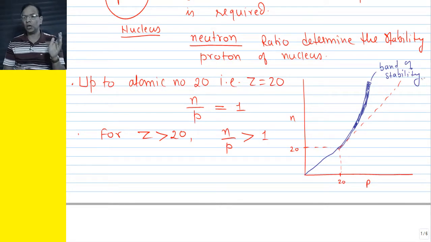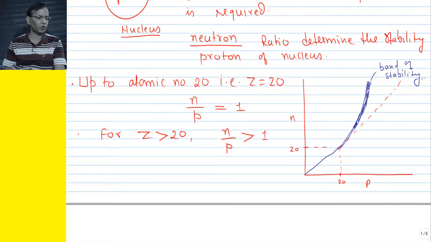So for stable nuclei, their N by P ratio must fall in the band of stability. If for any nucleus the N by P ratio does not fall in the band of stability, then it will decay. And during the decay, interconversion of neutrons and protons will occur, giving off some radioactive rays.